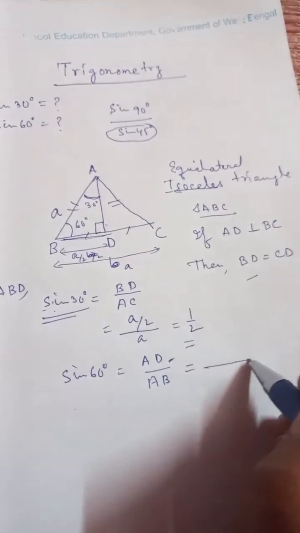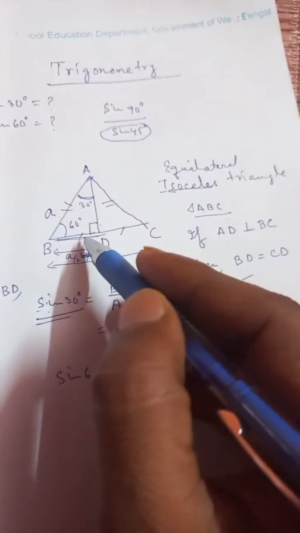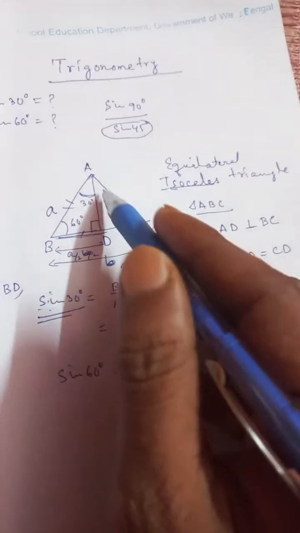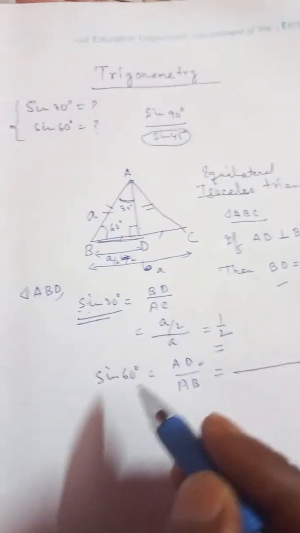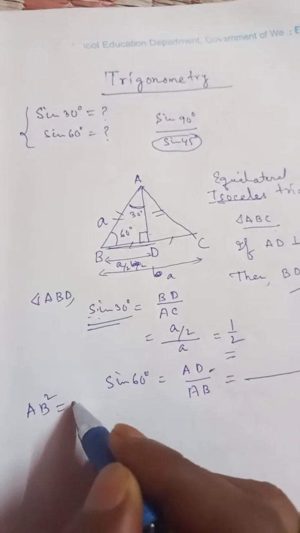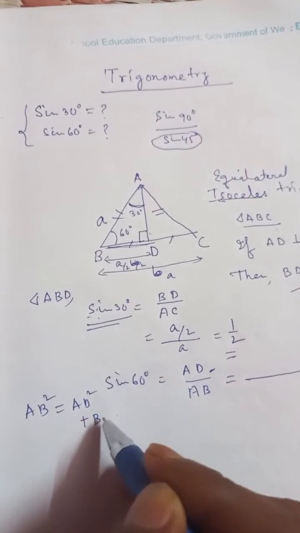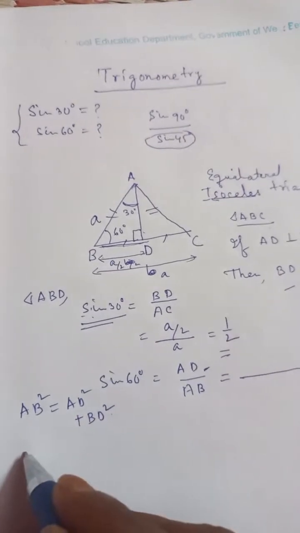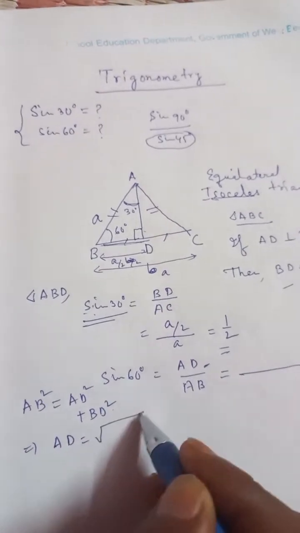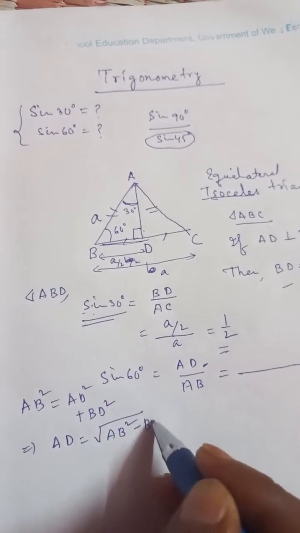We can deduce it this way, by the Pythagorean theorem: AB square is equal to BD square plus AD square. So AD is equal to root over AB square minus BD square.